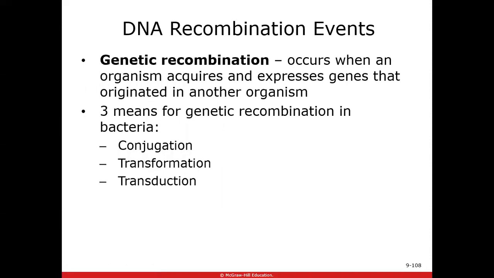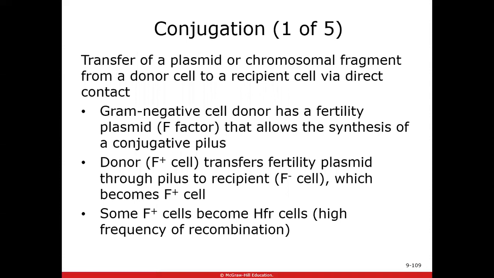You have genetic recombination that occurs when an organism acquires and expresses genes that originated in another organism. That's genetic recombination. You have three means for genetic recombination in bacteria: conjugation, transformation, and transduction. Conjugation is transfer of a plasmid or chromosomal fragment from a donor cell to a recipient cell via direct contact.